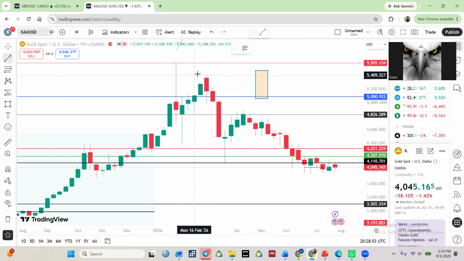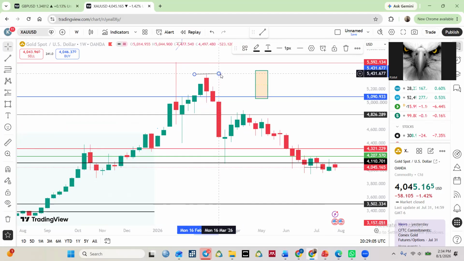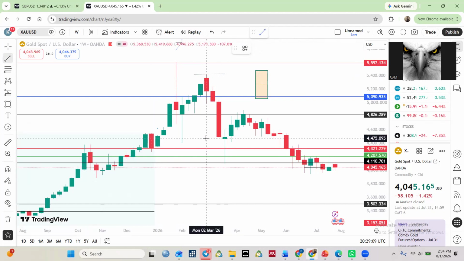Let me use this line. So you see where the wick is, exactly where the wick is. So the sellers started taking over, and price started selling from this point. And it took 3 weeks. Okay, sellers were in charge for 3 weeks up to here, down here, where this red candle stopped.